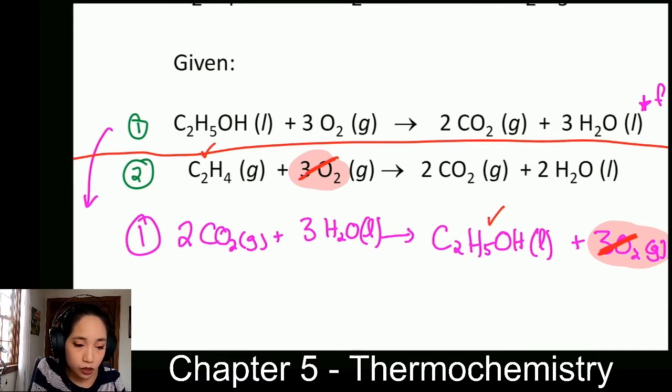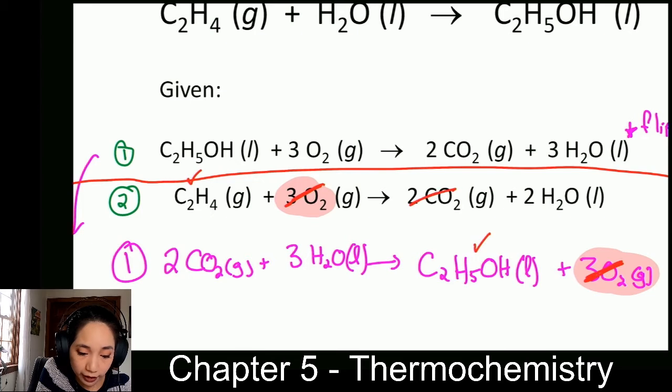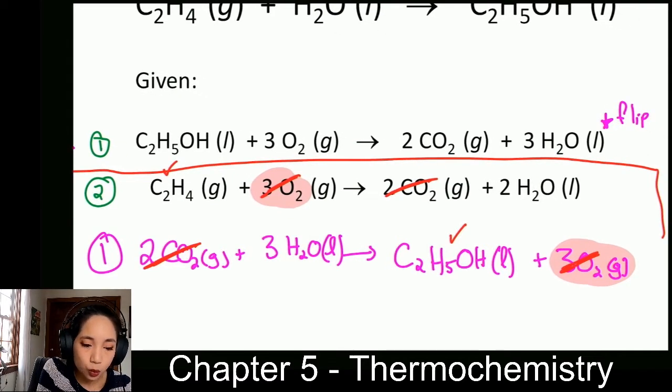What else can we cancel? If we look at the next component, there are 2 CO2s. Carbon dioxide does not appear in our overall chemical reaction. Again, thankfully, the 2 CO2s are on opposite sides of the 2 reactions that we're adding up. So all those parts that we don't want cancel out perfectly. Lastly, the last component is water. Remember how I said that we skipped it and hoped that it would cancel out? Well, it does.